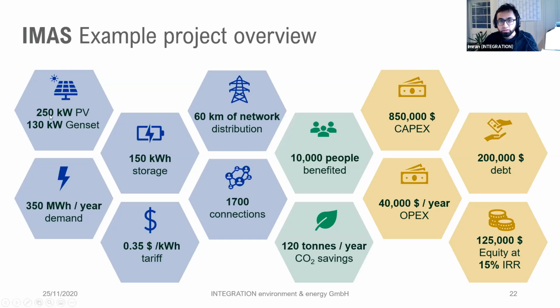This system of around 1,700 connections, or 10,000 people, requires an investment of around 850,000. A typical investment of around 125,000 comes from an investor, and around 200 of the thousand is coming from debt. And such a system, in our approximation, has roughly 40,000 in operational cost per year, just to put it into perspective.